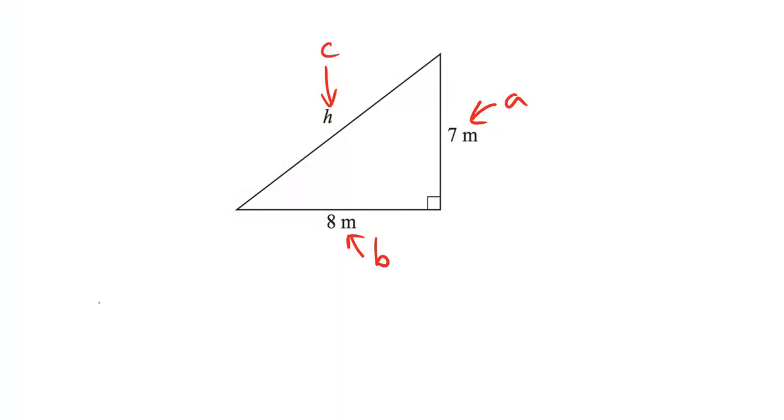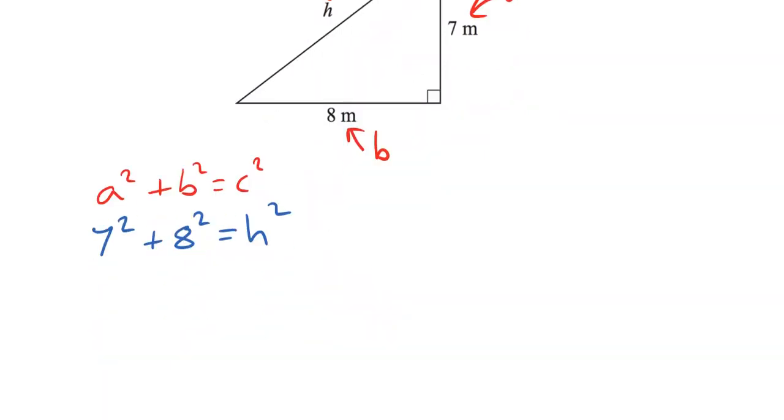So if we start with Pythagoras, which says that A squared plus B squared equals C squared, let's swap in those numbers. Of course A is 7, so 7 squared plus 8 squared is going to be equal to H squared. Now, from there, we can start doing some math, because 7 squared is 49 and 8 squared is 64.